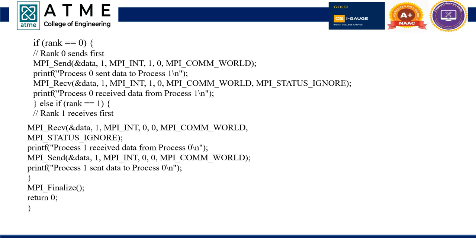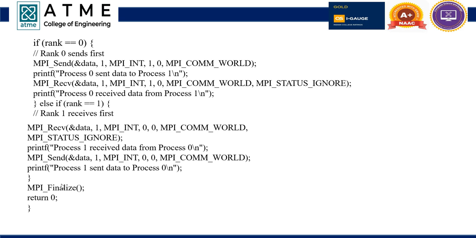So this code is executed by process 1. Otherwise, if rank is equal to 1, rank 1 receives first. The same thing repeats here. MPI_Recv receives the message and prints that process 1 received data from process 0, and the status is ignored. Then it sends, printing that process 1 sent data to process 0.